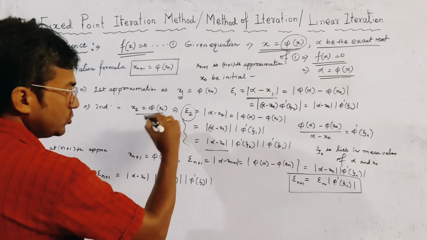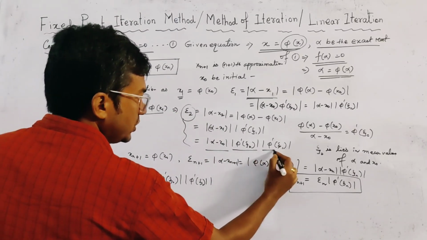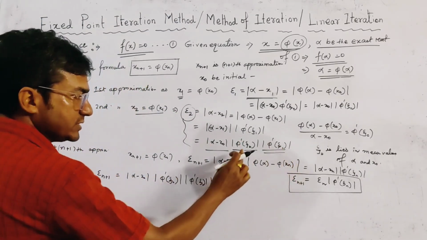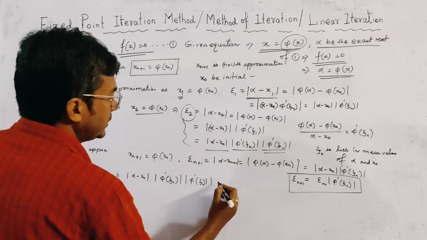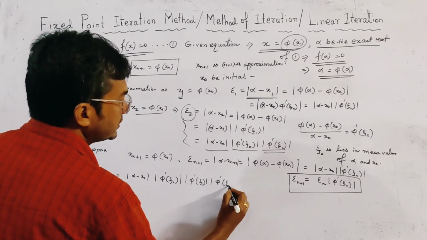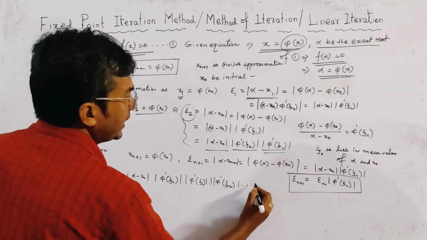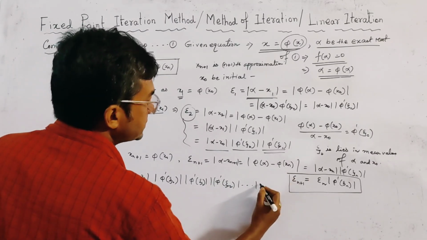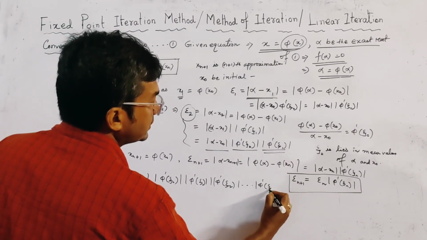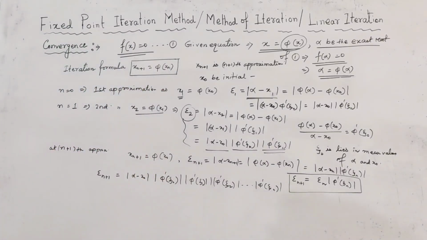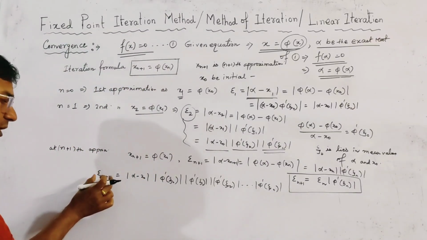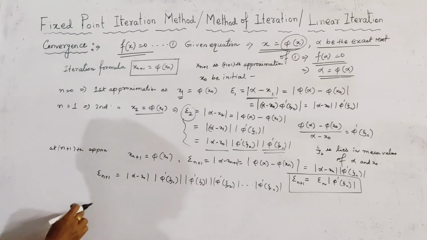Since here it is epsilon_2, there will be two differentiations of phi, xi_0 and xi_1. Then we put phi dash xi_2, and the last one is phi dash xi_n. We get the relation for the n plus 1th stage error, that is epsilon_{n+1}.